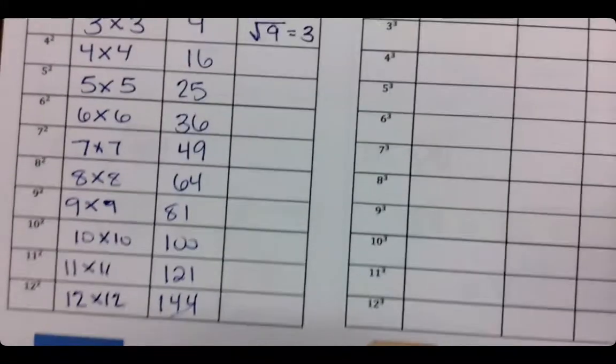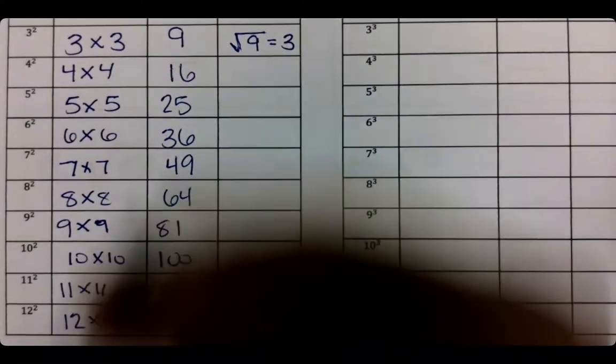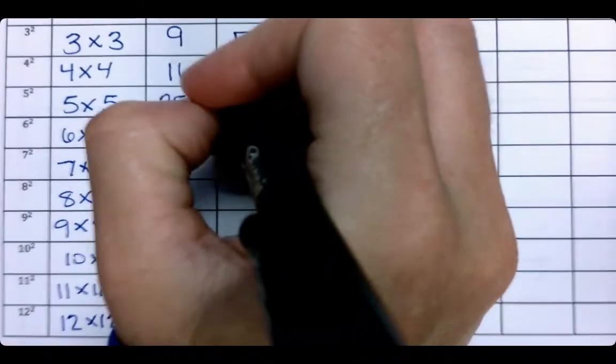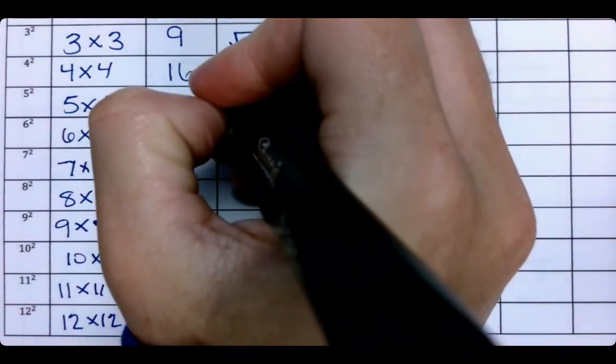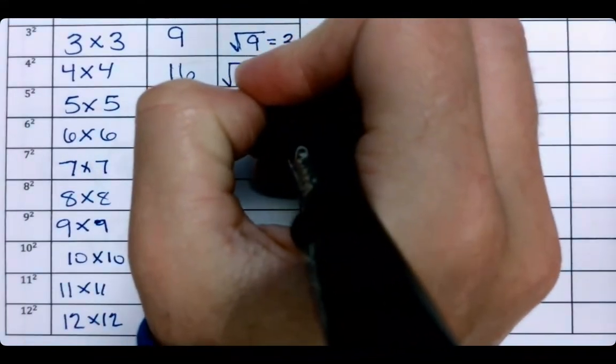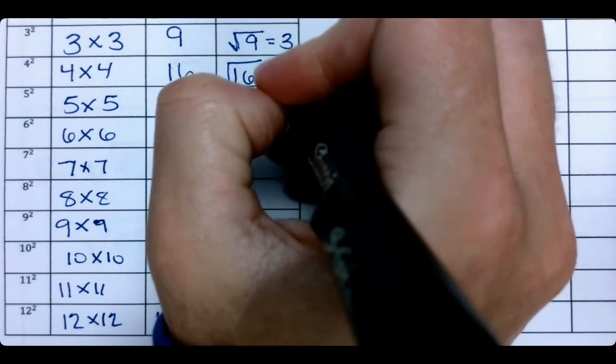Again, maybe it was that 144. Now going back to this, we're going to put the number that's here inside the square root. So we have the square root of 16, and then that's going to equal our original number that's being multiplied.